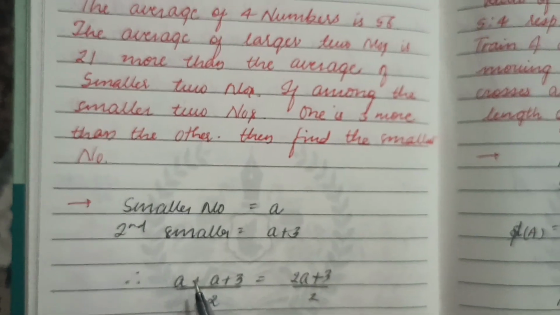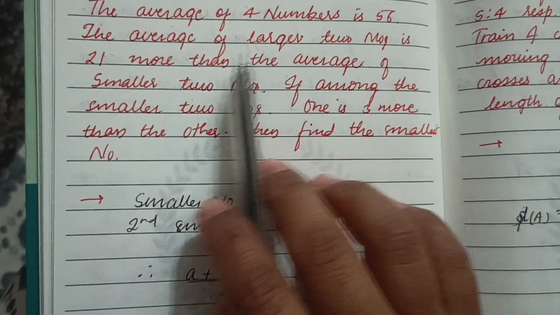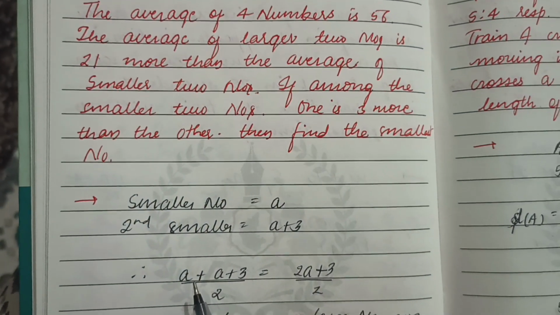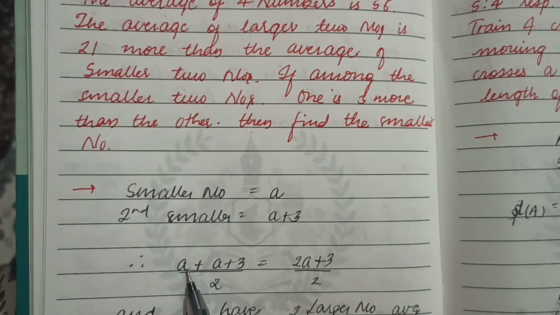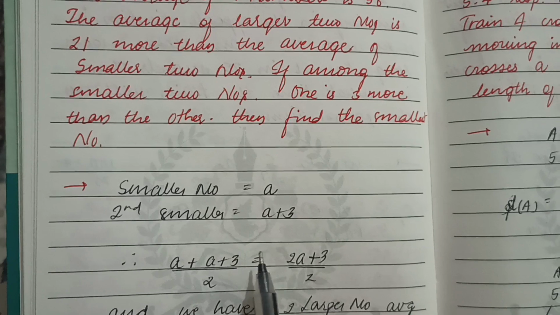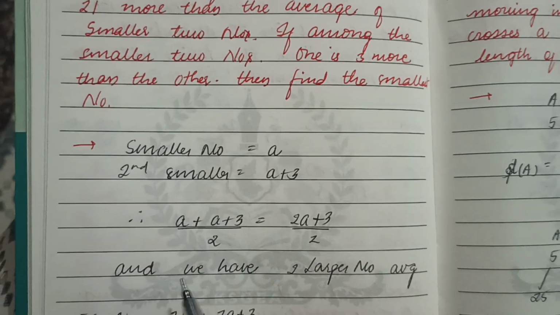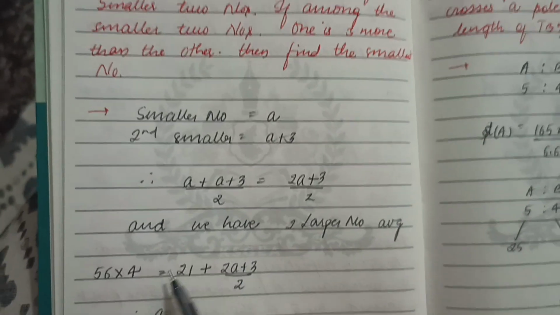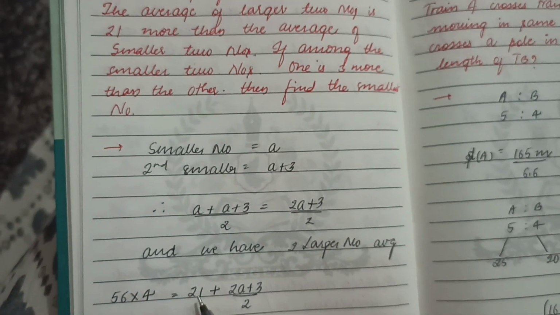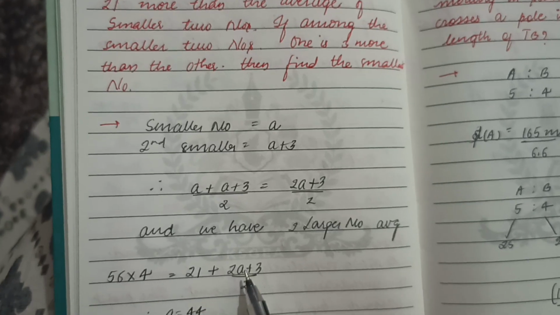In the question they have mentioned that the average of the larger two numbers is 21 more than the average of those two smaller numbers. Here this is the first smaller number, and this is the second smaller number, so their average, after simplifying, is (2A plus 3) by 2.